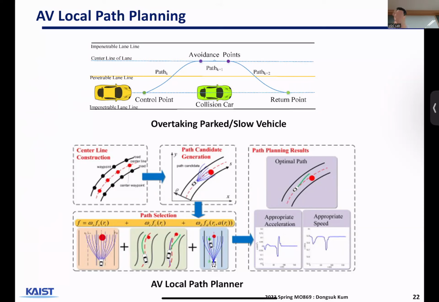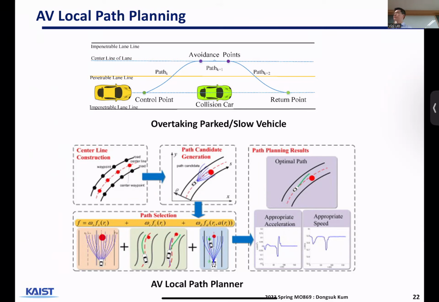And what if it's a single lane per each side? Then you really need to be careful when you are overtaking these vehicles or obstacles. When there are multiple lanes, then as long as you do not have an approaching vehicle in that next lane, you can make lane changes.